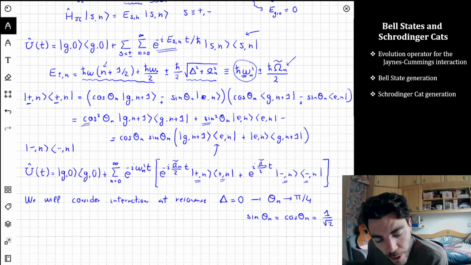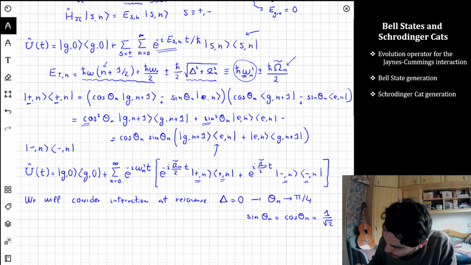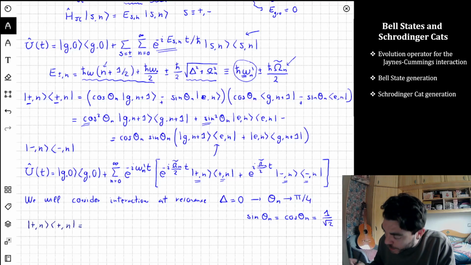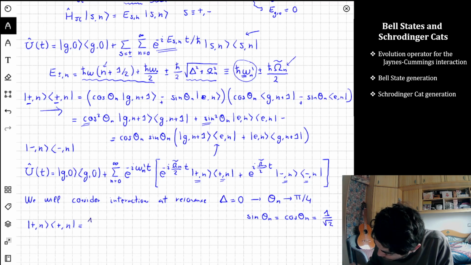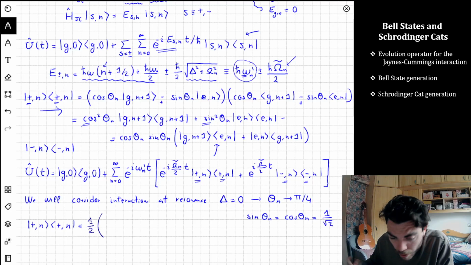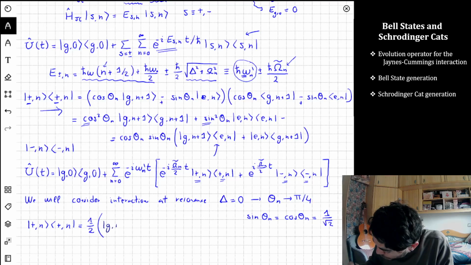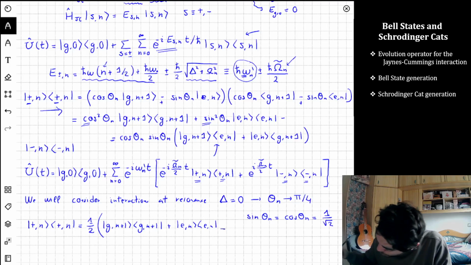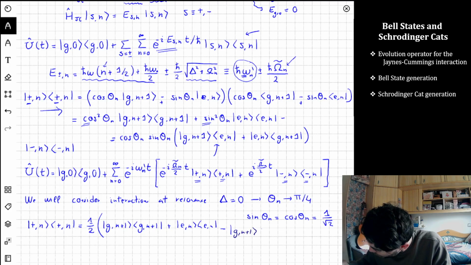Yeah. So in this case, what we have is that this projector, which in general has the form that I wrote here, now is just 1/2 common factor of everything, and then we have the ground state n plus 1, ground state n plus 1, plus excited state n, excited state n, minus the ground state n plus 1, excited state n, minus the opposite, right?